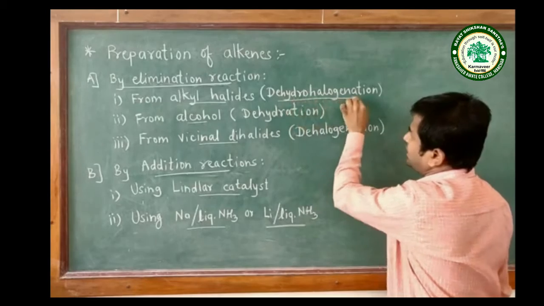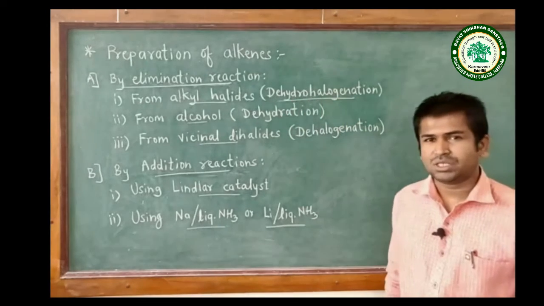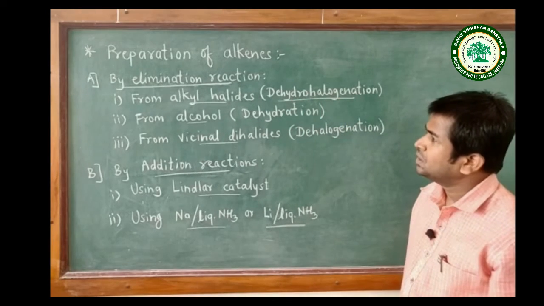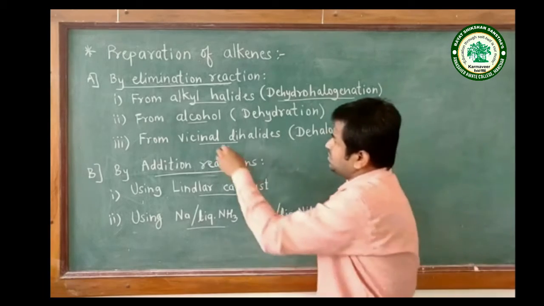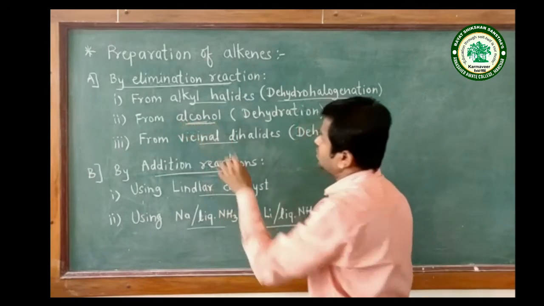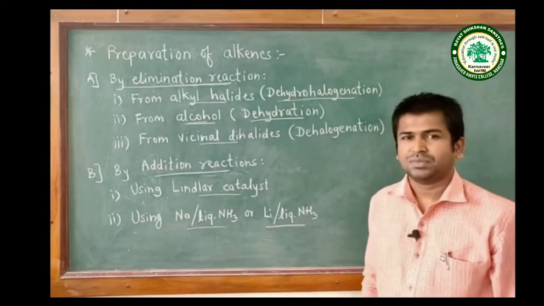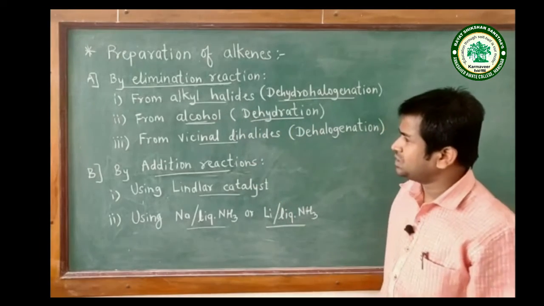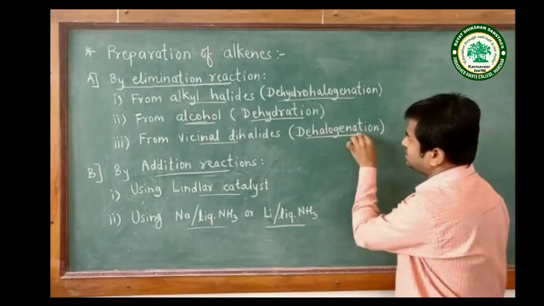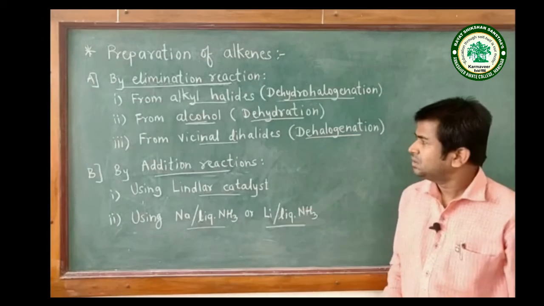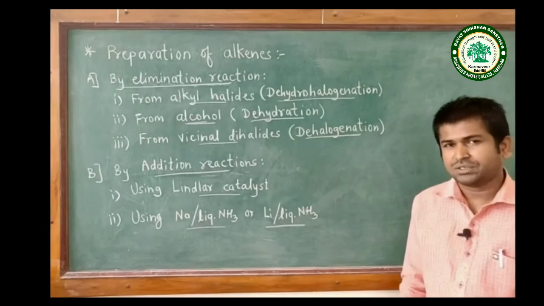By elimination reactions from alkyl halides, the reaction is called dehydrohalogenation reaction. Elimination reaction of alcohol is called dehydration reaction, and elimination reaction of vicinal dihalide is called dehalogenation reaction.